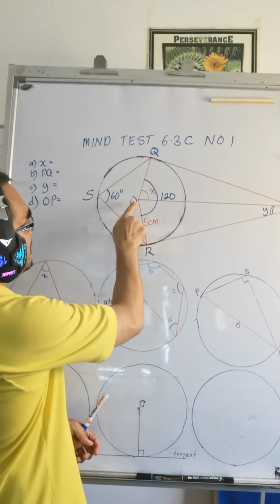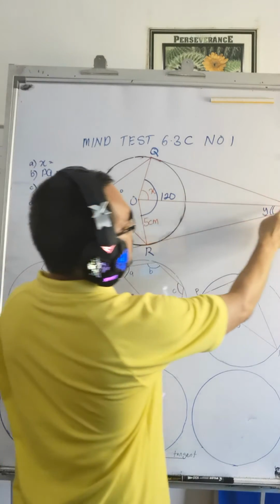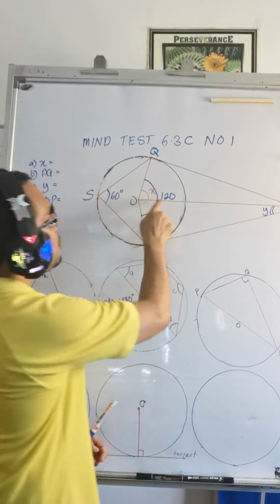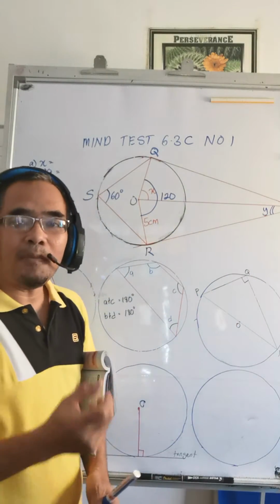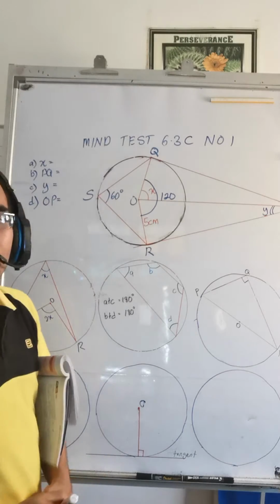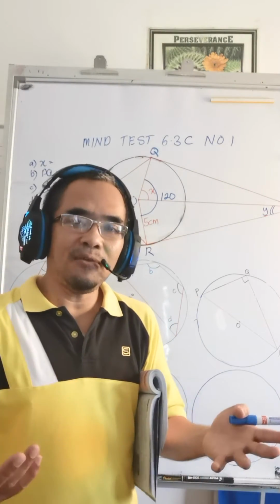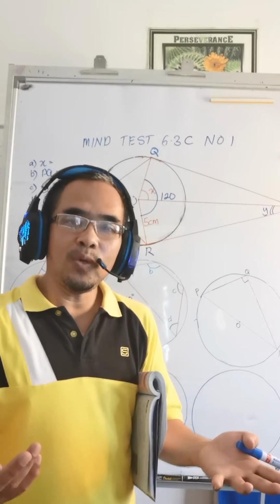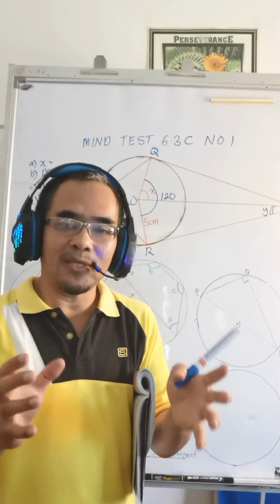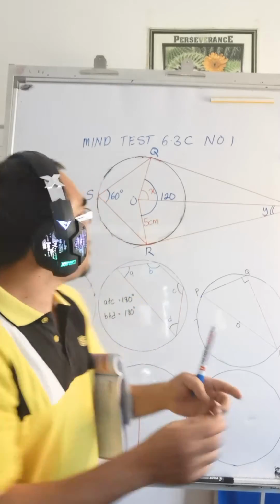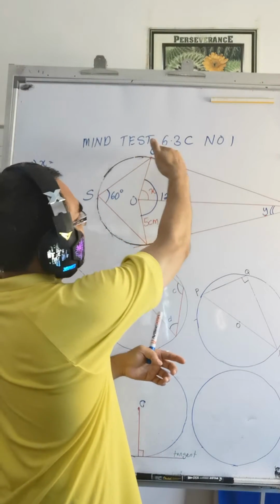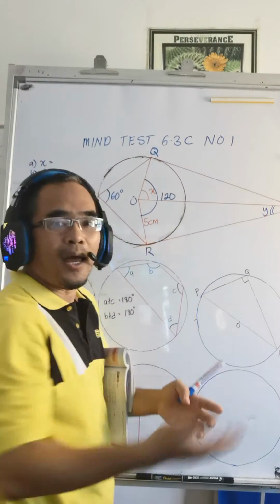O goes to P and it will cut the diagram into two equal parts. I have no reasoning for this one, so what you can do is draw as exactly as possible and make sure your tangent looks like a tangent.